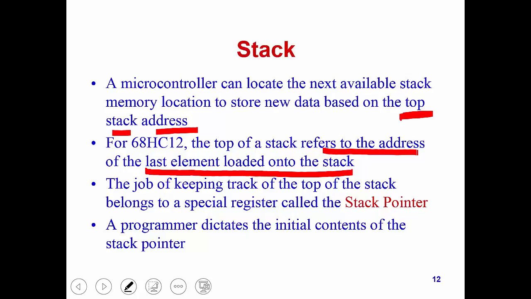So how can we do this? How can the microcontroller access the last data value we loaded in the stack? It's very easy using the stack pointer, which I mentioned before, is a CPU register. So the CPU or microcontroller uses the stack pointer, SP, to always keep track of the top of stack.